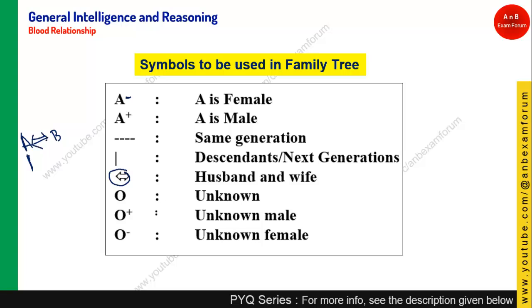If it is the husband, it will be positive. If it is the wife, it is negative. If you don't know the person, you make an O, like an empty space. It can be any person. If the person is female, it will be an unknown female, and if it is plus, it is an unknown male. You can take a screenshot of this.